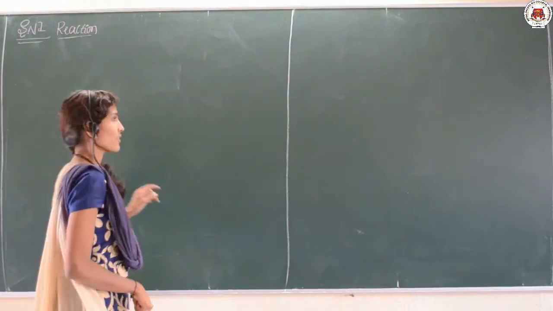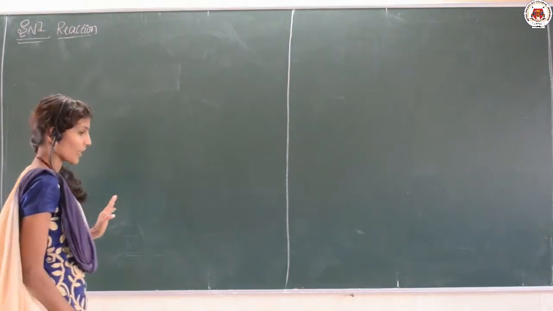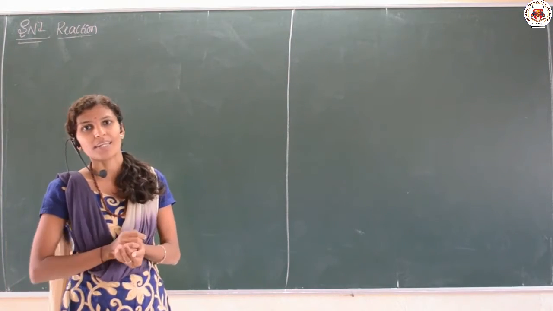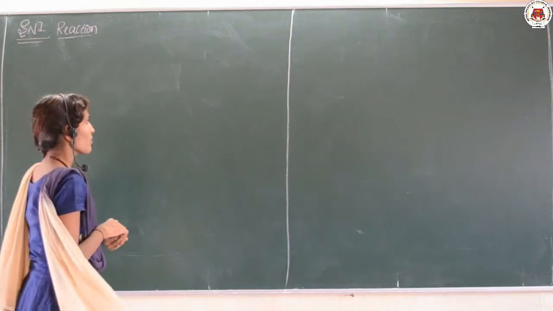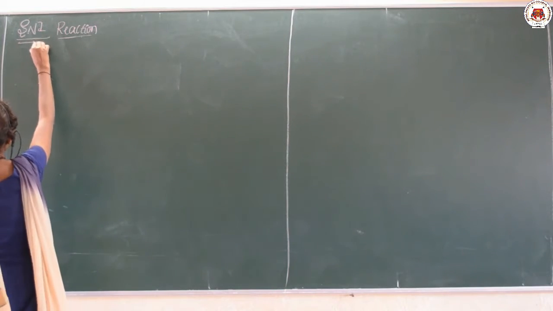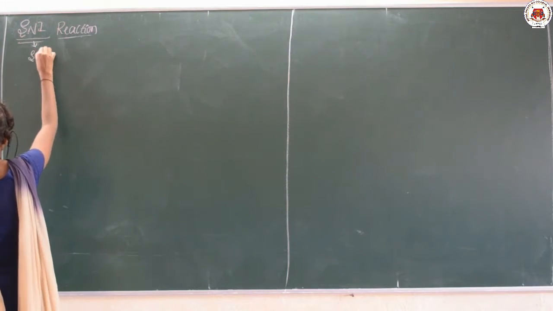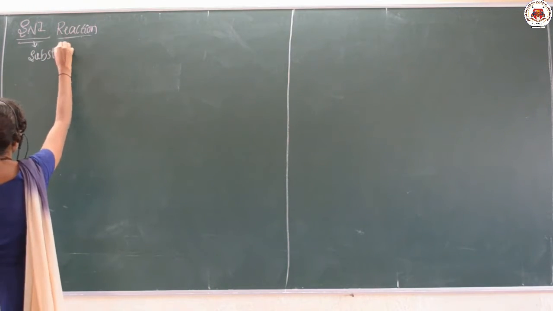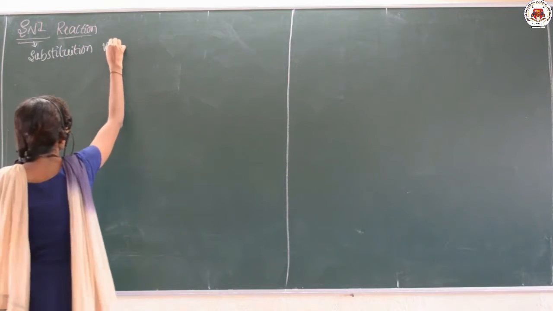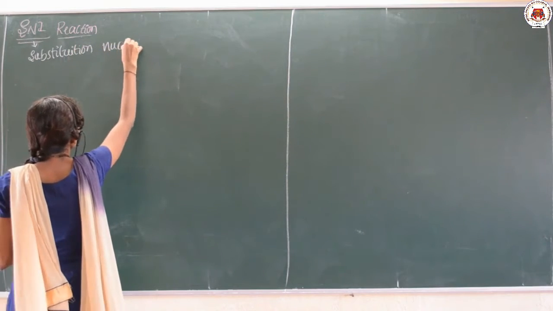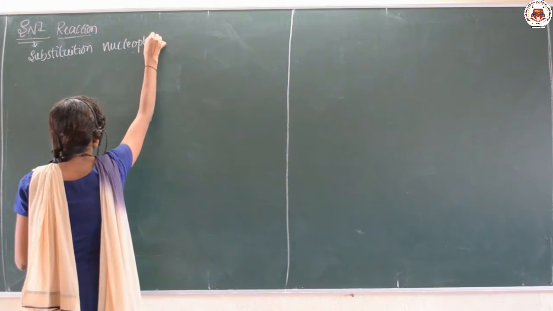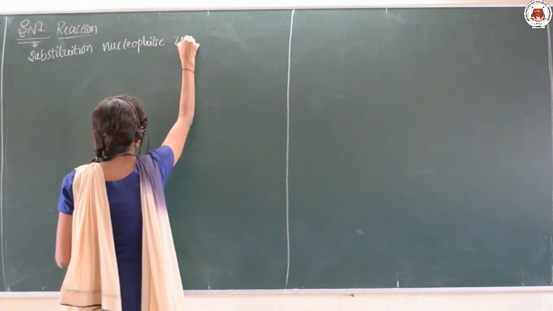Today we are going to discuss the SN1 reaction. In our last class we discussed the SN2 reaction, and today we are going to discuss the SN1 reaction. So SN1 reaction is nothing but substitution nucleophilic unimolecular.